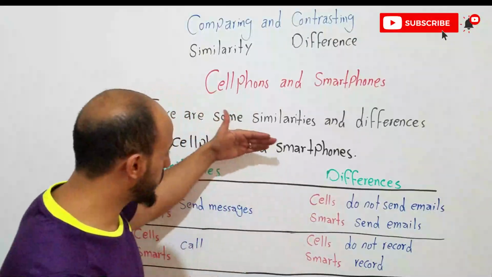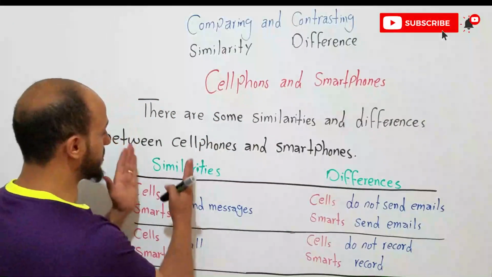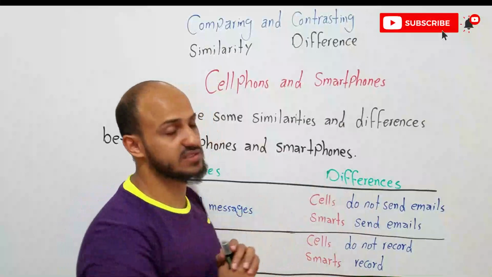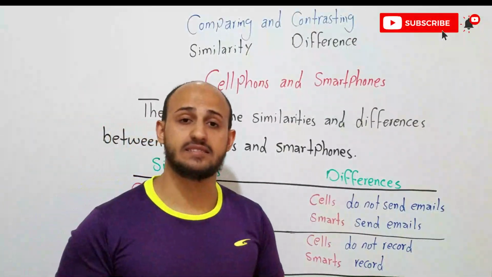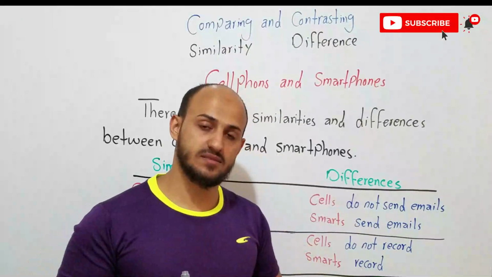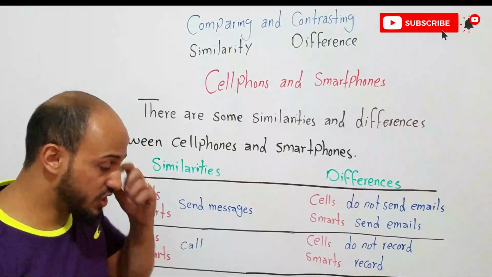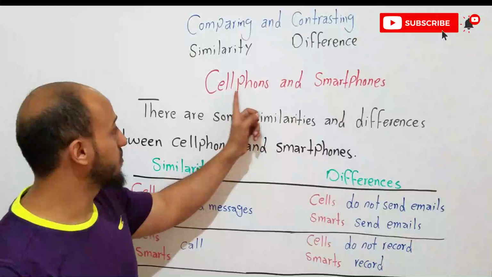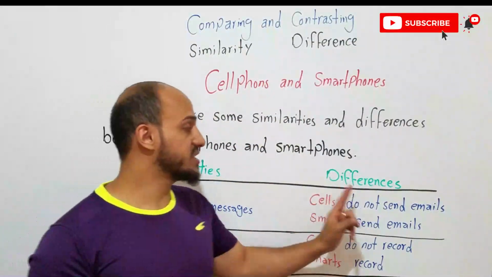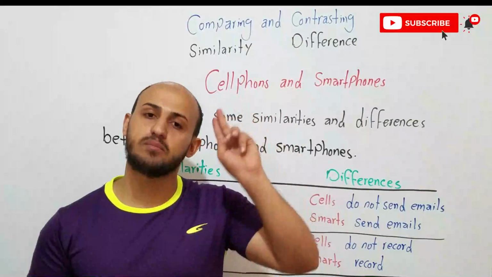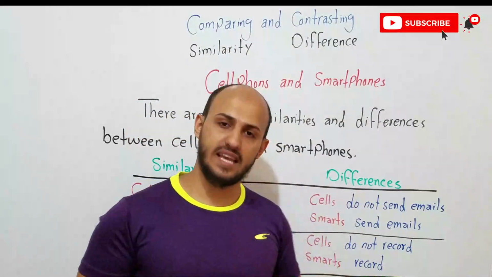Now, when you write after this, you're going to mention similarities and differences. Let's understand how we write. Remember, if you mention one similarity about one of them, you must mention it for both. And if you mention differences, you must mention both. Let's take an example.